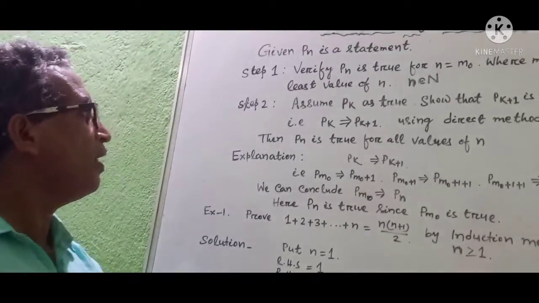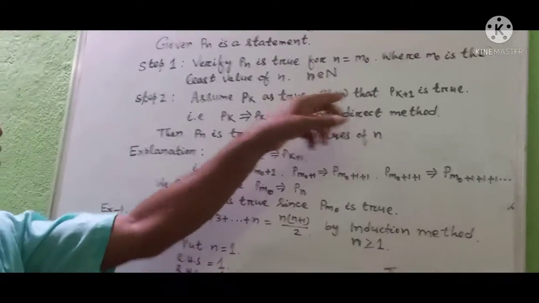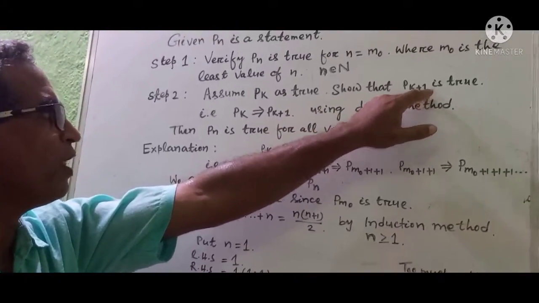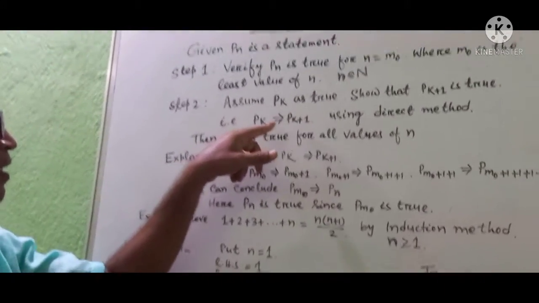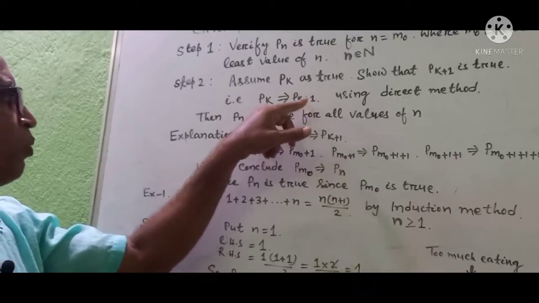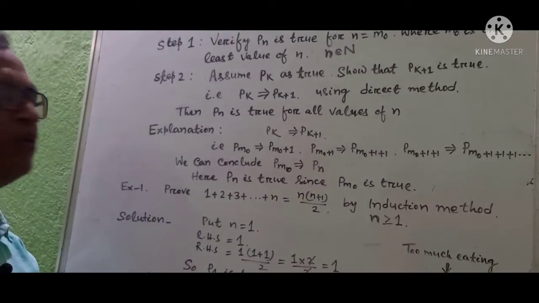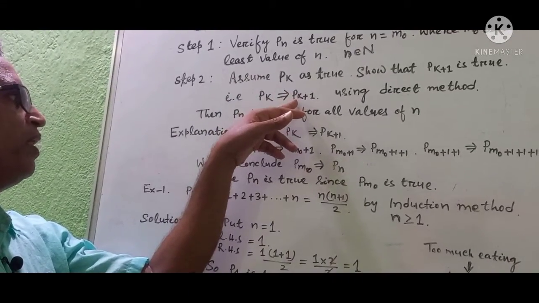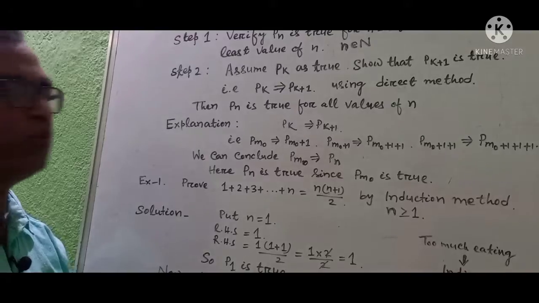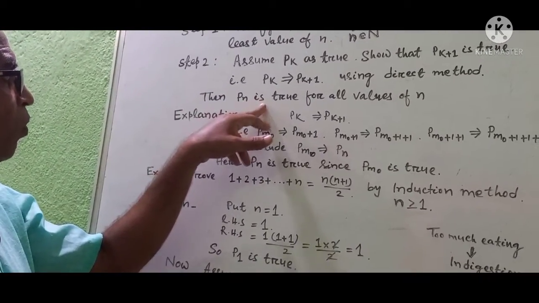Then comes the next step: assume Pk is true so that Pk+1 is true. That is, Pk implies Pk+1 using the direct method. Taking Pk as true, you will have to show Pk+1 is true.